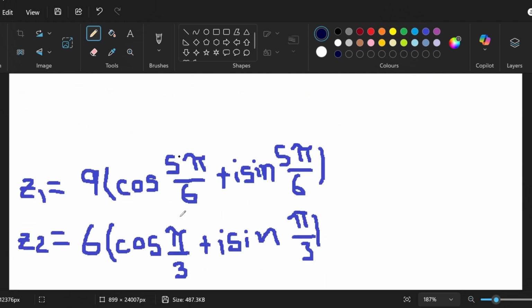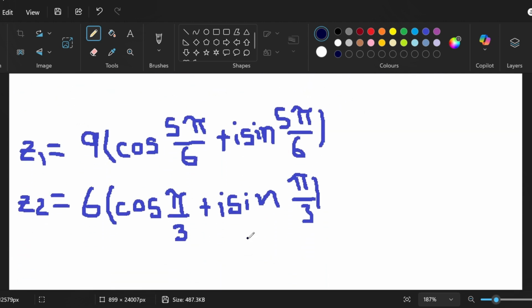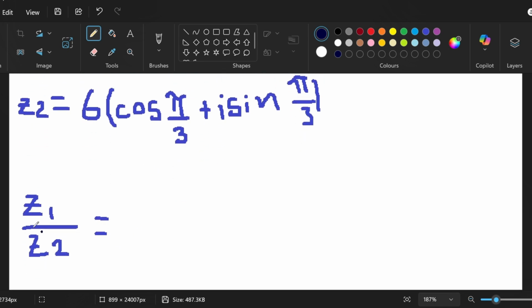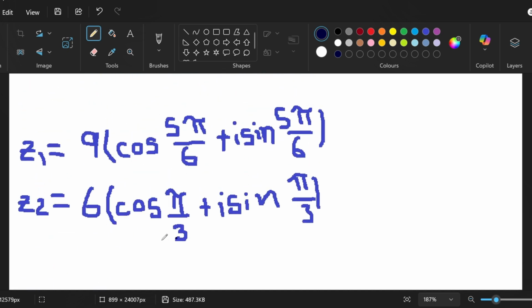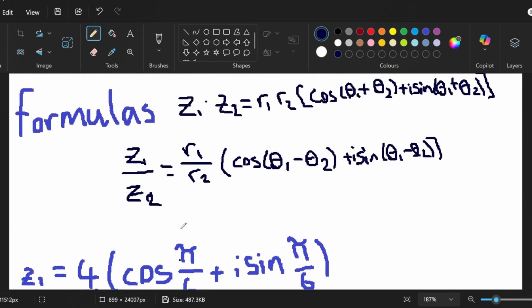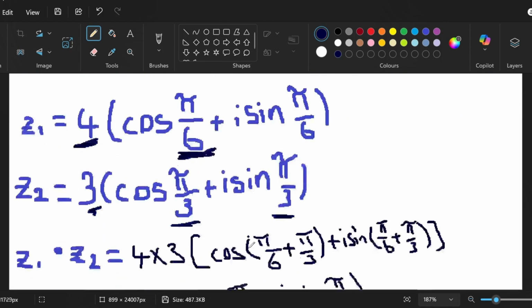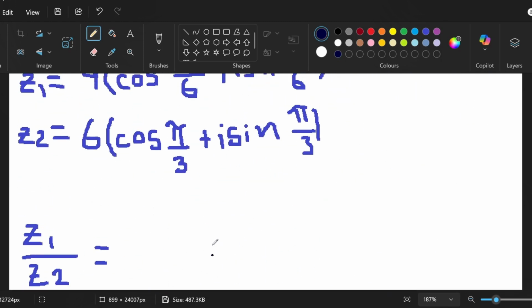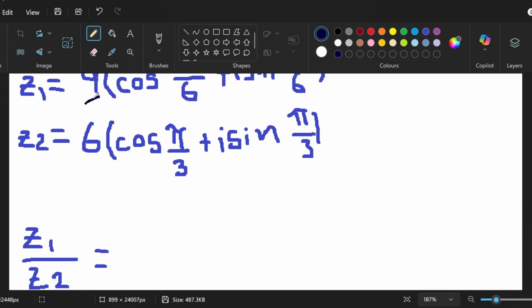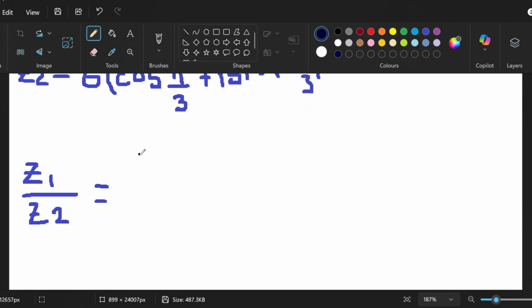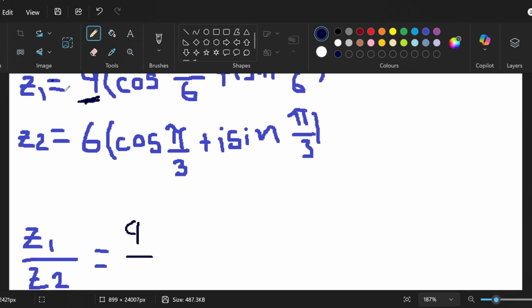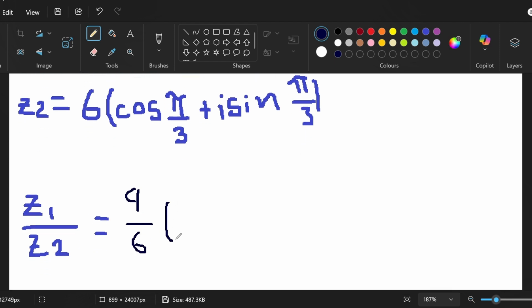Now let's do one for division. I have two numbers, z1 and z2, and I'm going to divide z1 by z2. So if I look back earlier at my formula that I have for this, I take R1, which is 9, and divide it by R2, which is 6, and multiply this by cos of theta 1 minus theta 2.